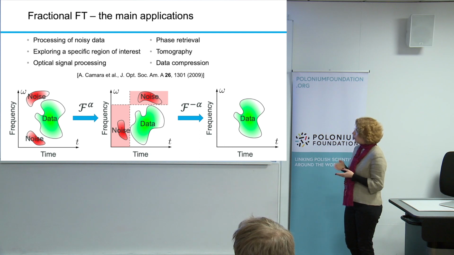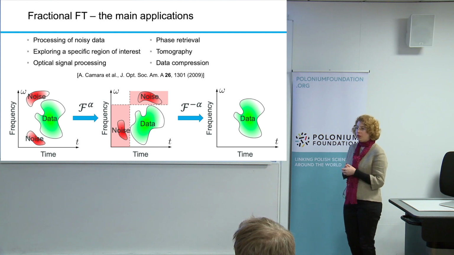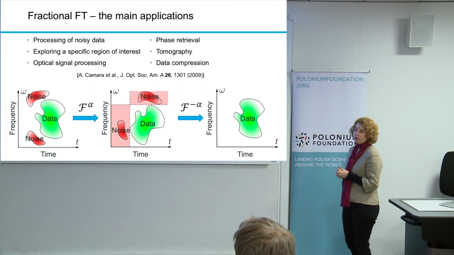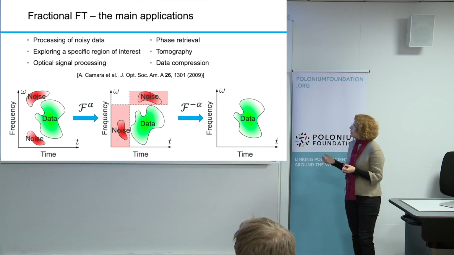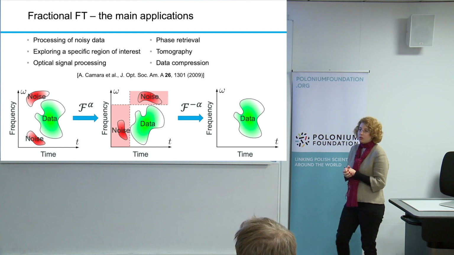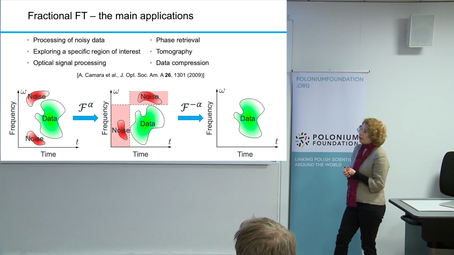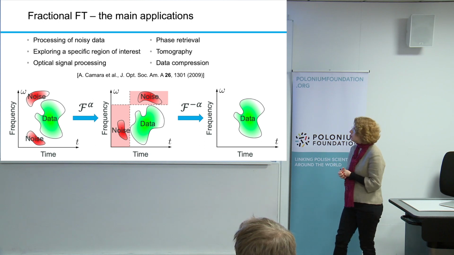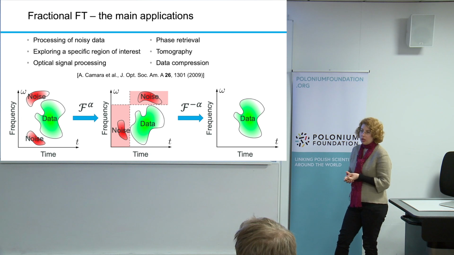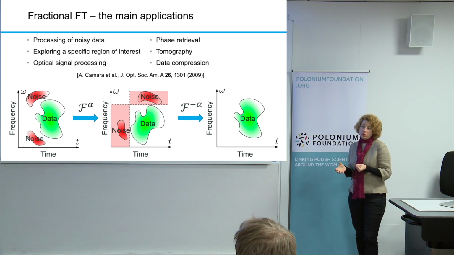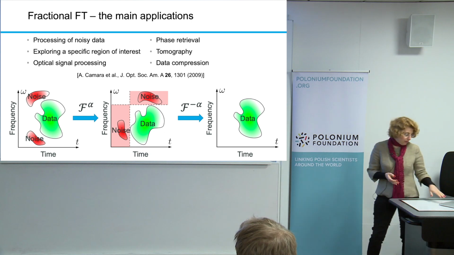We cut out the noise, we employ the inverse transform, and we are happy with the clean data. This fractional Fourier transform also has different applications like data compression, phase retrieval, exploring specific regions of interest, and optical signal processing. So in general, this is a commodity we would like to have, and we don't have it at the moment.